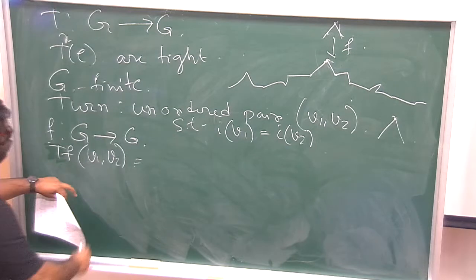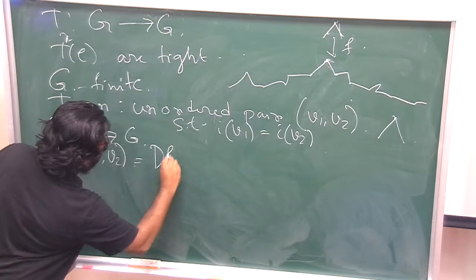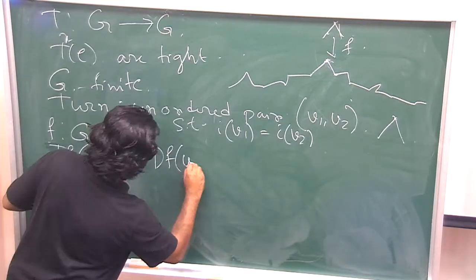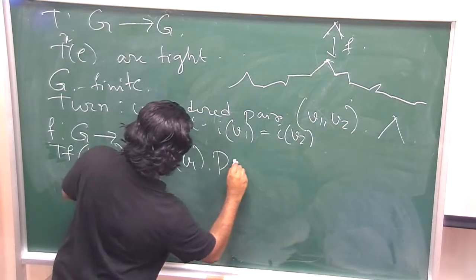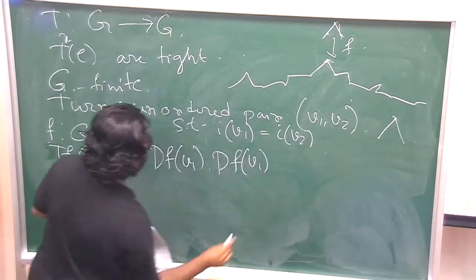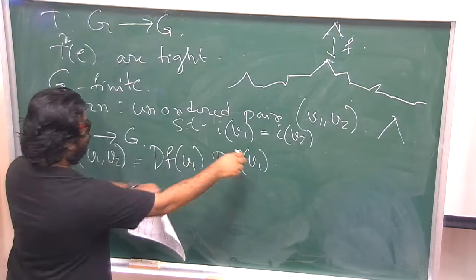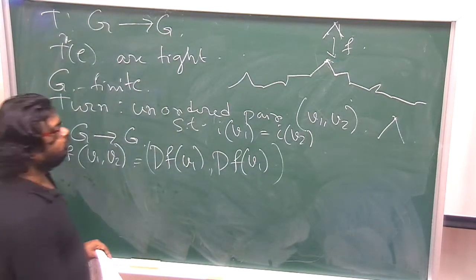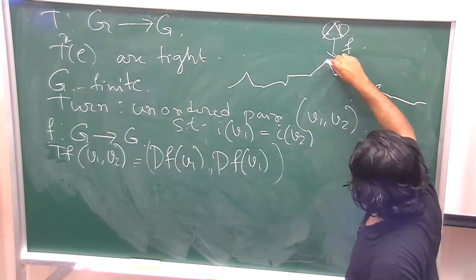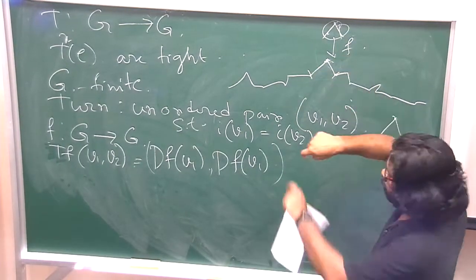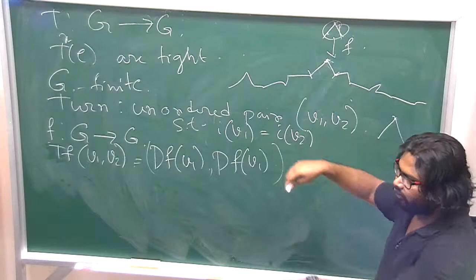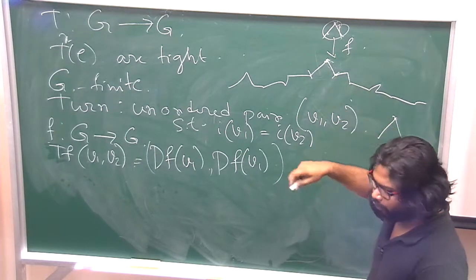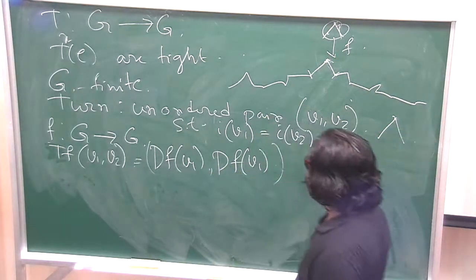I just take the initial two edges of the paths f of V1 and f of V2. That again defines a turn, right? If I take only the initial edges of the image paths, they again define another turn.